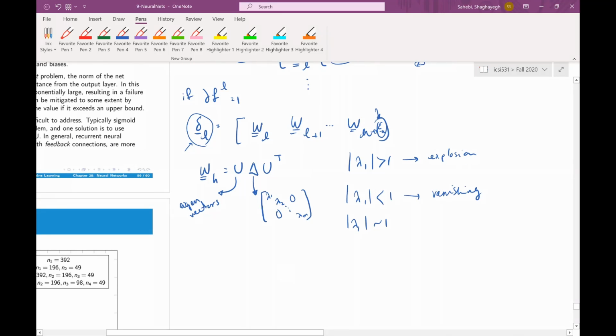So what do people do to avoid this problem? Whenever we have gradient explosion, meaning that our gradients are getting larger and larger, one simple way to avoid it is to put a cap on the gradient.